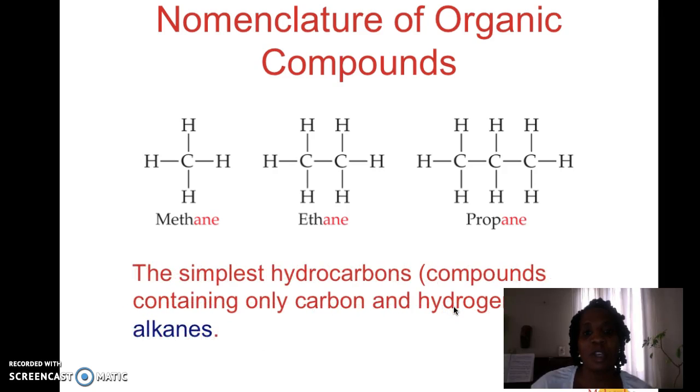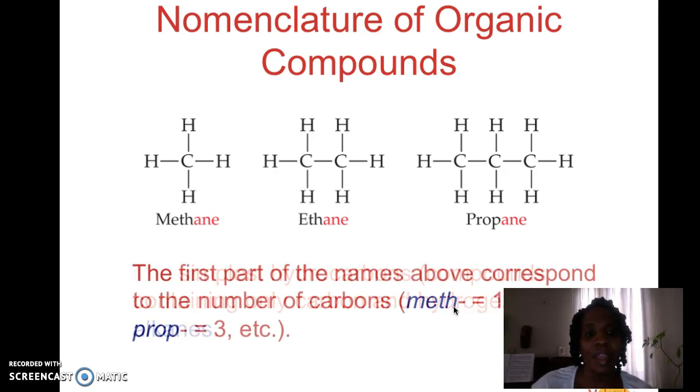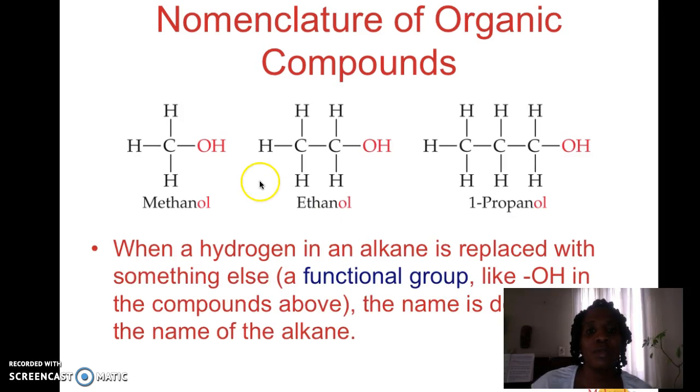If there's a special group, this is called a functional group, and it identifies the class of compounds. So alcohols have this OH, oxygen single bonded to hydrogen, in the compound. So now we put a suffix to represent that.